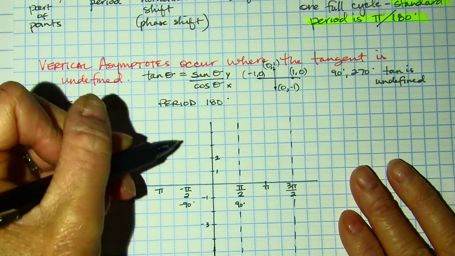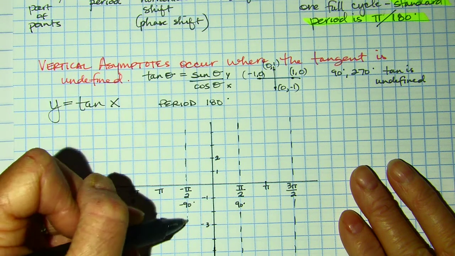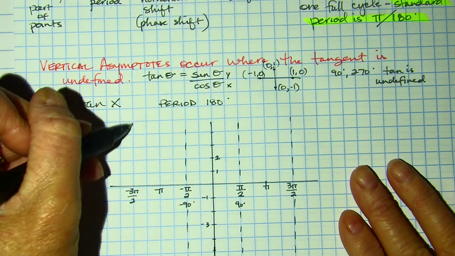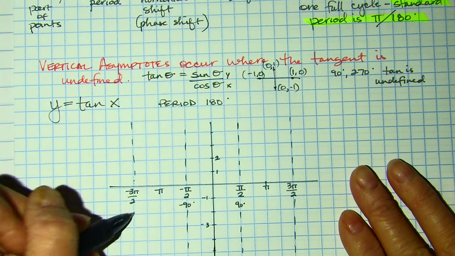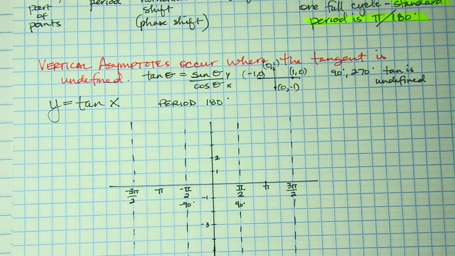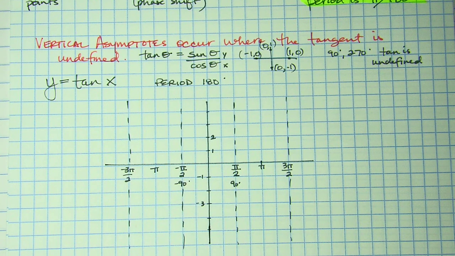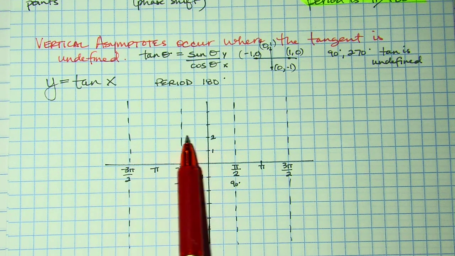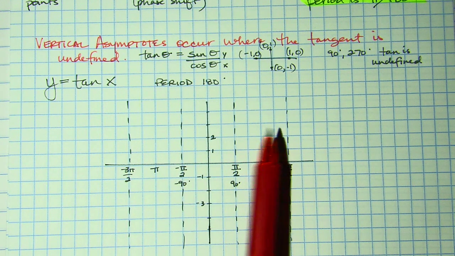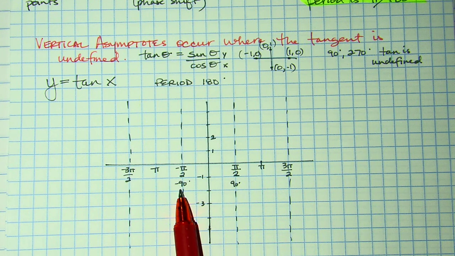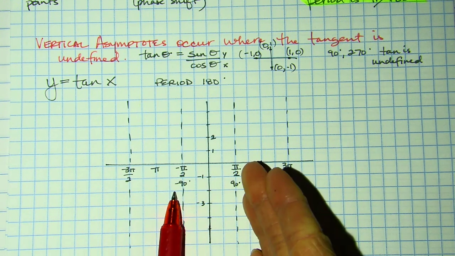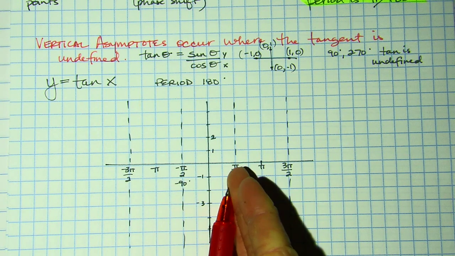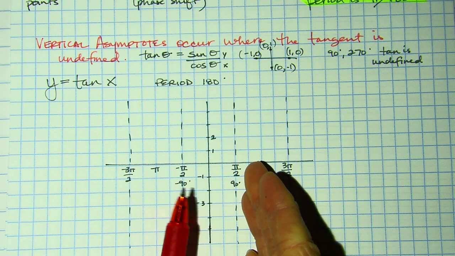The same is true for negative 90 and negative 270. So our graph looks very different. We're going to have one full cycle in each of these, and this section is 180, this is 180, this is 180, because 90 plus 90. It doesn't matter that this is negative, the distance between these two asymptotes is still 180.